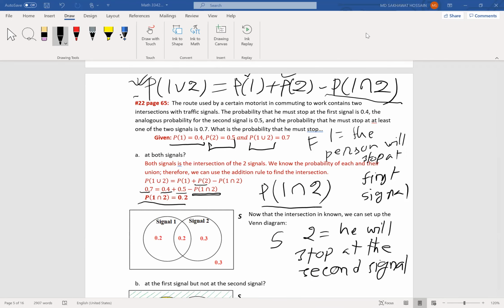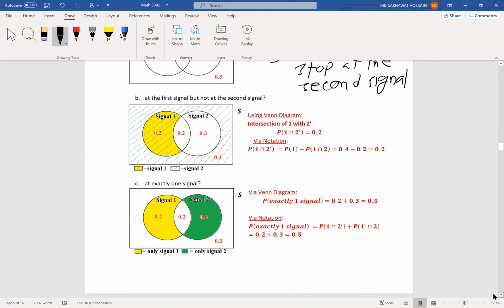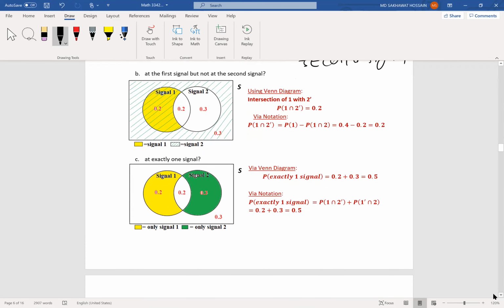Okay. So the next part is we have to find the probability that the person will stop at the first signal, but not at the second signal. So how can we find this probability?